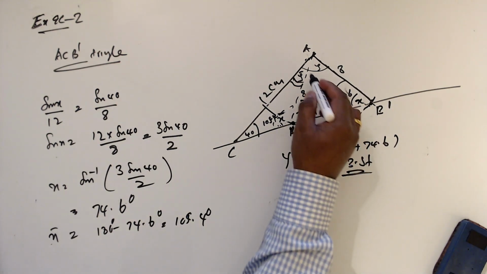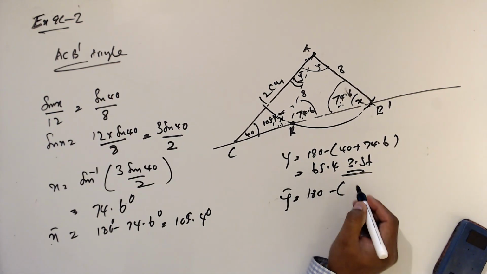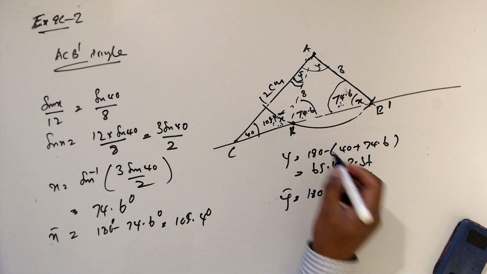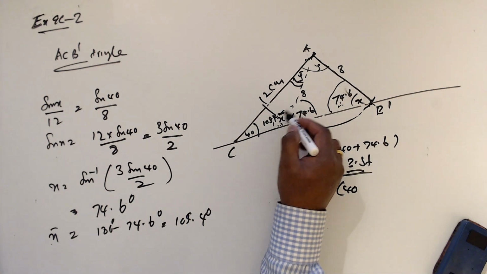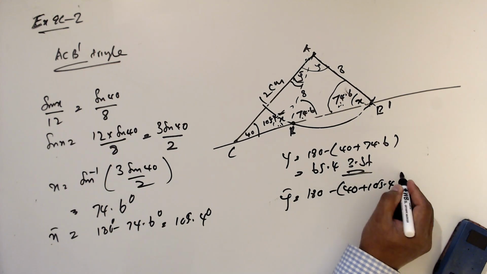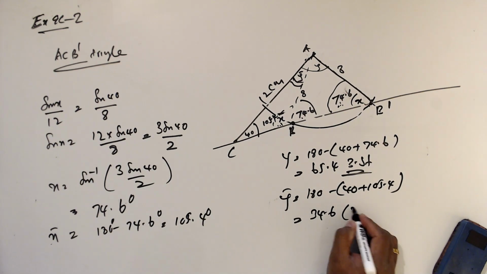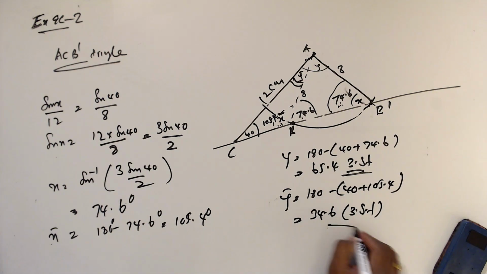And the other one, y bar, means 180 minus 40 again, but this angle is now bigger, 105.4. Then the difference is going to be 34.6 to 3 significant figures.